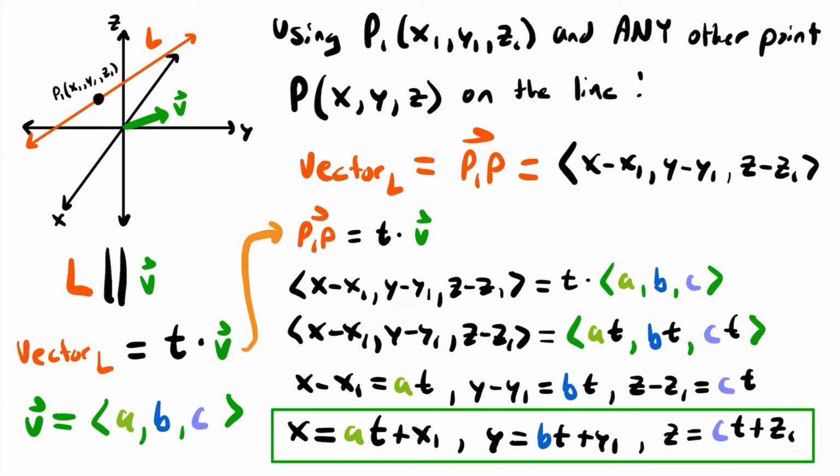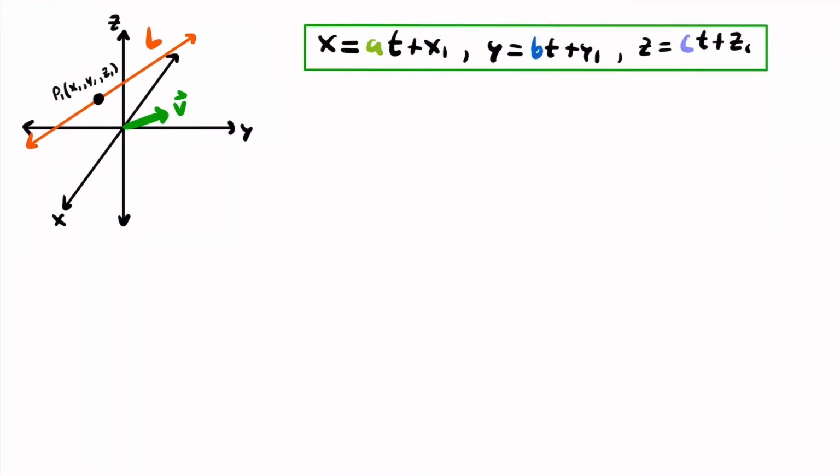And so let me show you that next. What we're going to do here is solve for that parameter of t in each of these parametric equations. So the first step to doing that is to subtract x1 from both sides of this equation, subtract y1 from both sides of this equation, and subtract z1 from both sides of this equation.